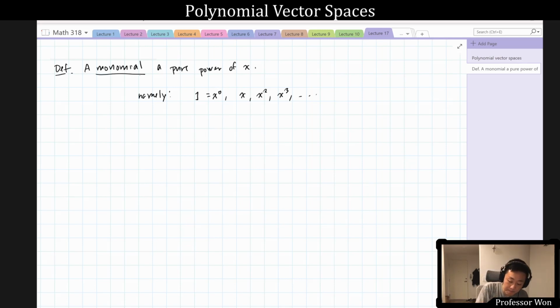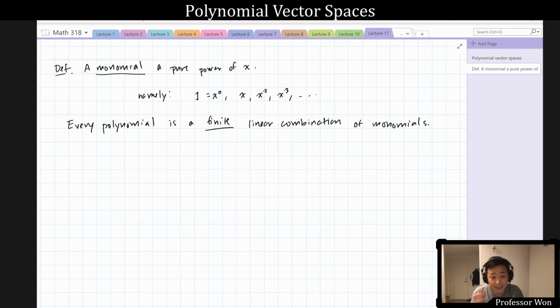Every polynomial is just a linear combination of finitely many monomials. That's the thing to notice here. Every polynomial in x is a finite linear combination of monomials.